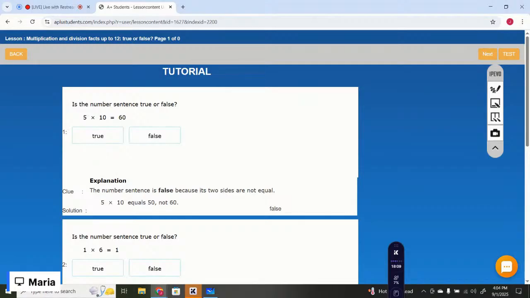Is the number sentence true or false? 5 times 10 equals 60. Is it true or false?